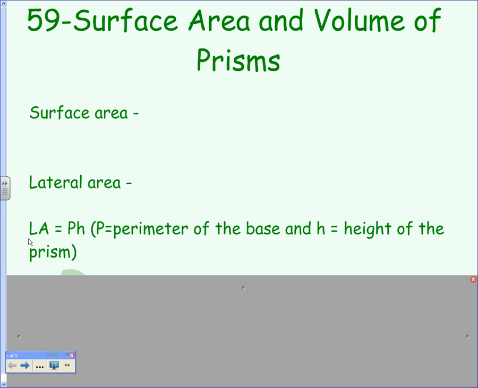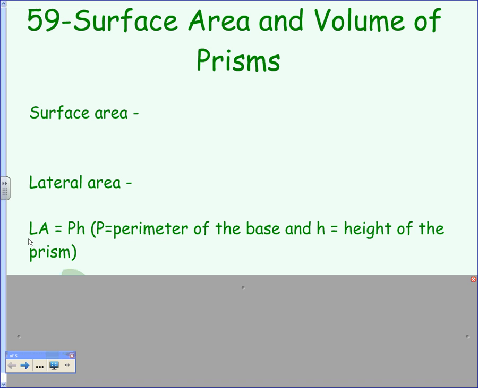Lateral area or lateral surface area, either one. It is the perimeter times the height. That is for a prism.